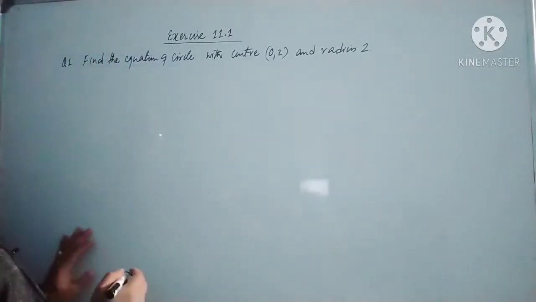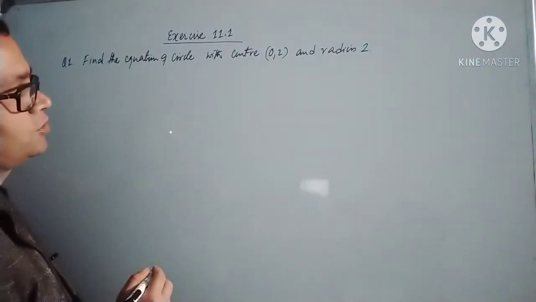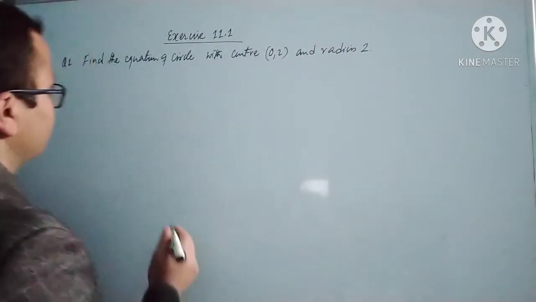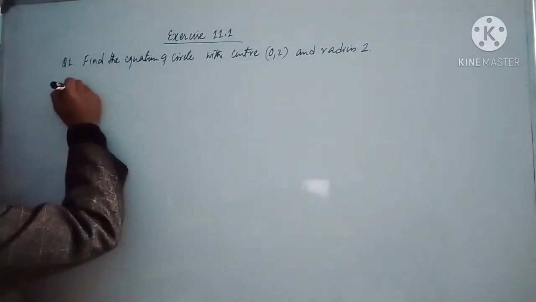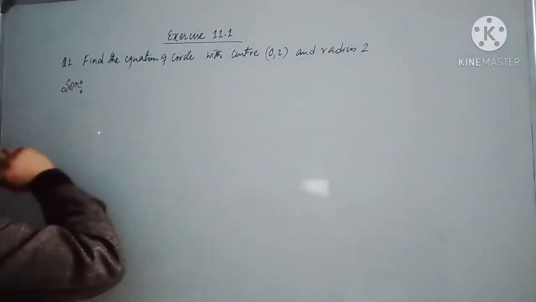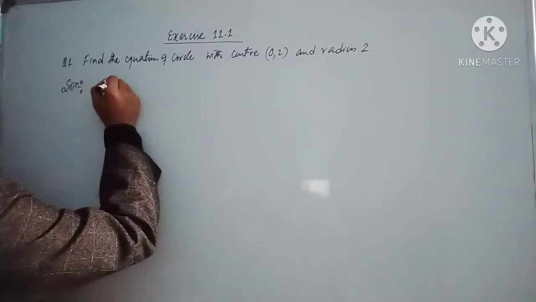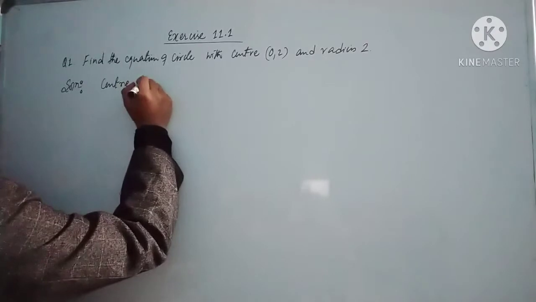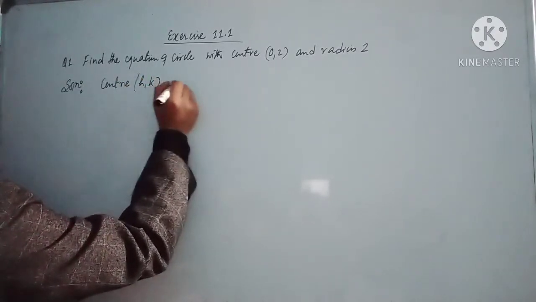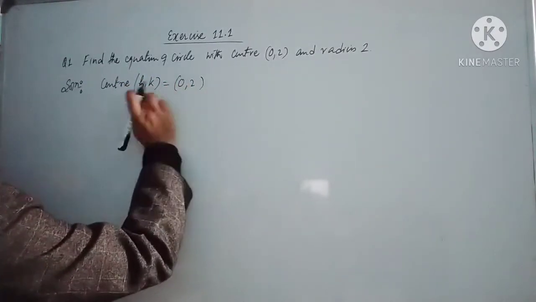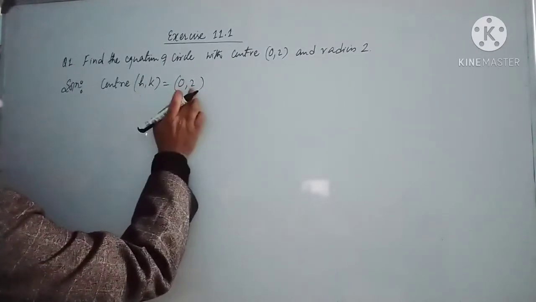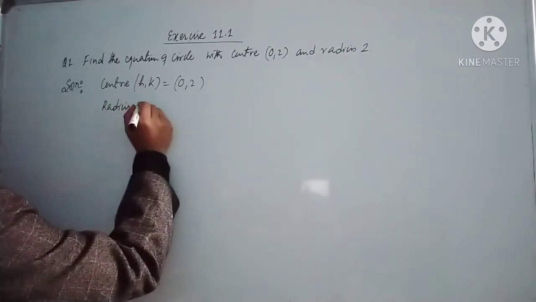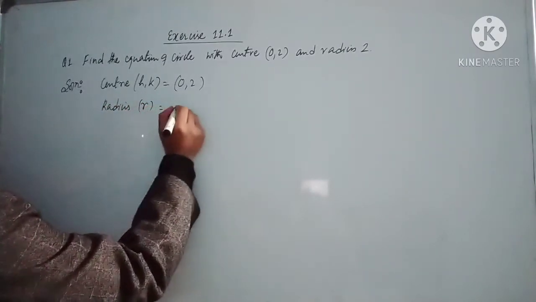Okay, question is: find the equation of circle with center 0, 2 and radius 2. Now first in solution we will write center h comma k equals 0, 2. Now value of h is 0 and value of k is 2 and the radius R equals 2.